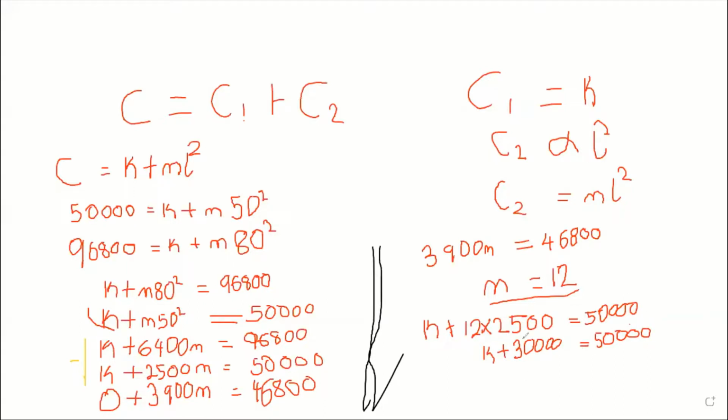So when you subtract 30,000 on both sides, you get K is equal to 20,000. Now that's our second constant figured out. So our first constant M is equal to 12 and K is equal to 20,000.